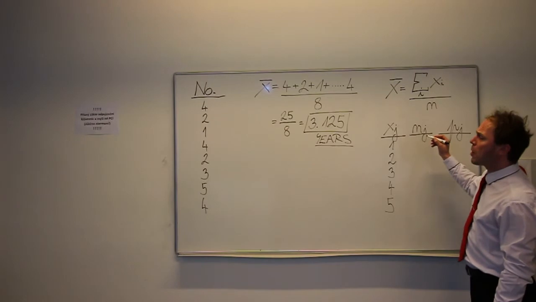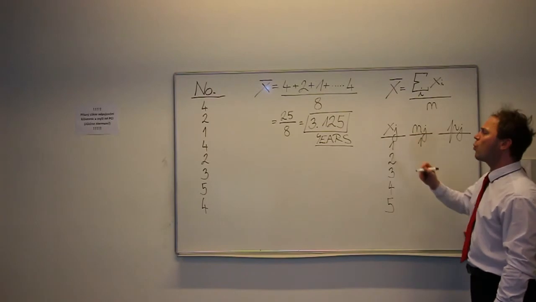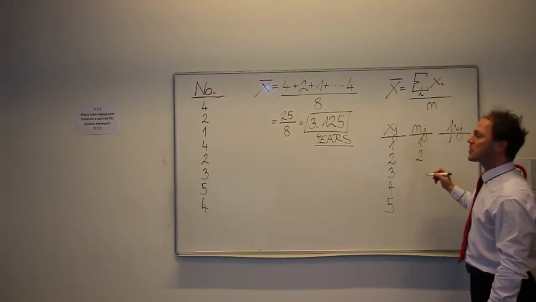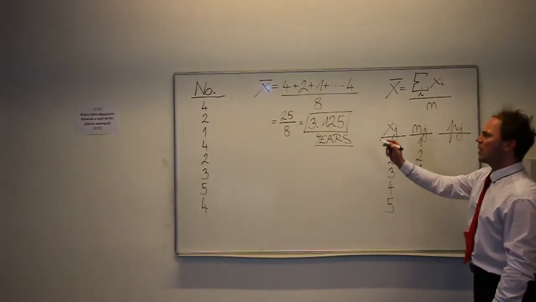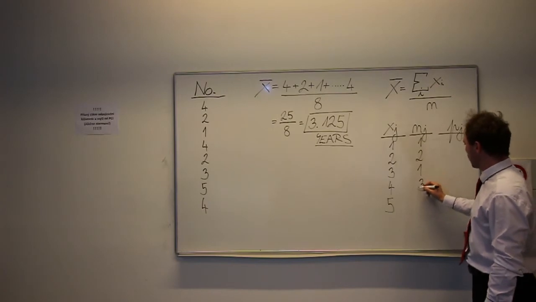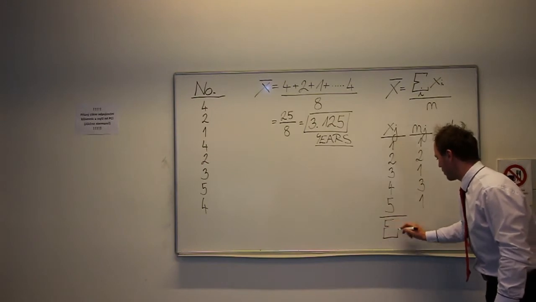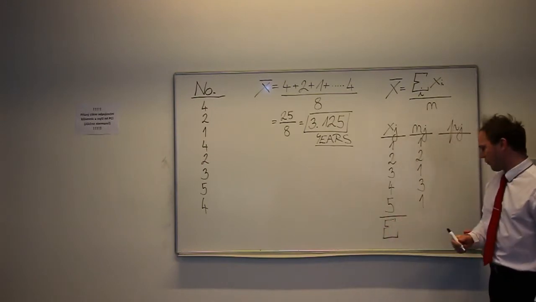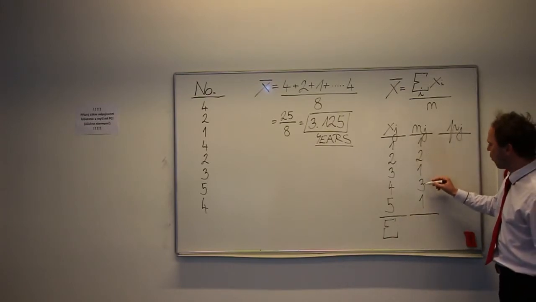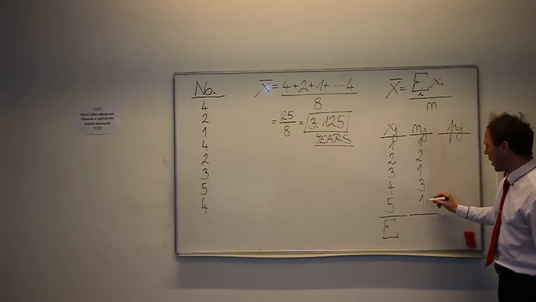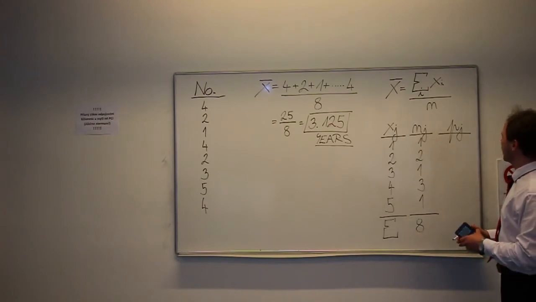I remember that we had 1 time value 1, 2 times value 2, 1 time value 3, 3 times value 4, and 1 time value 5. There can be written the operator of summation, the classical sum: 1 and 2 is 3, and 1 is 4, and 3 is 7, and 1 is 8. So absolute frequencies and relative frequencies.